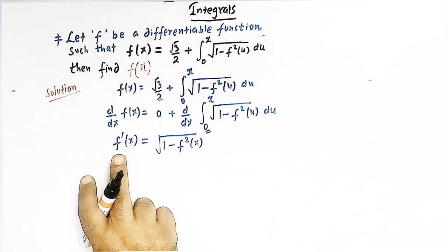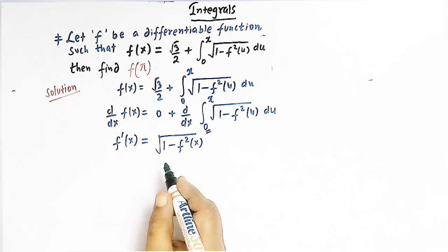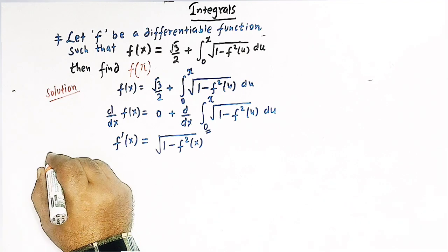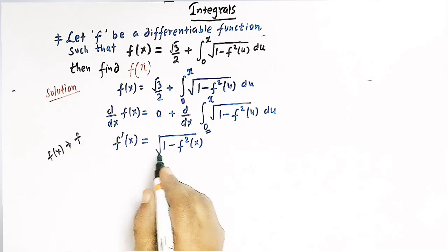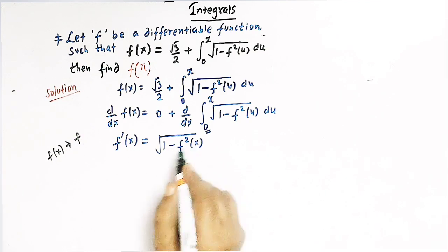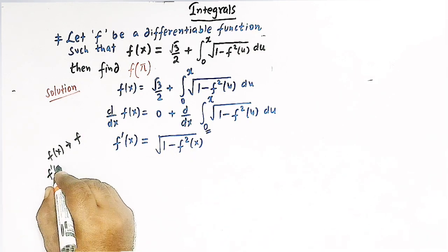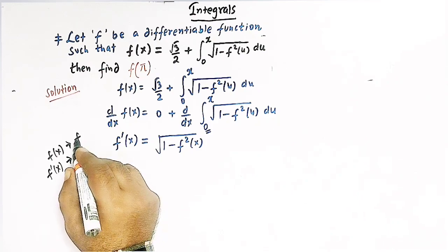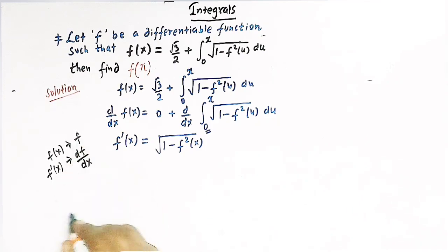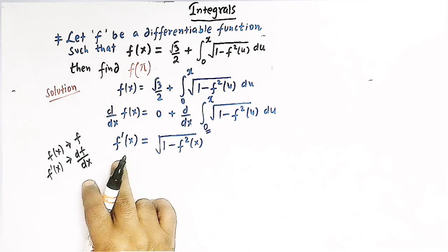So now to solve this differential equation, let us write f of x as simply f, just for convenience, right? And f prime of x as df over dx. So we'll use these notations just for convenience.